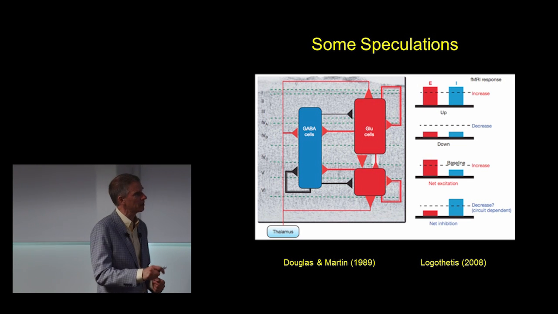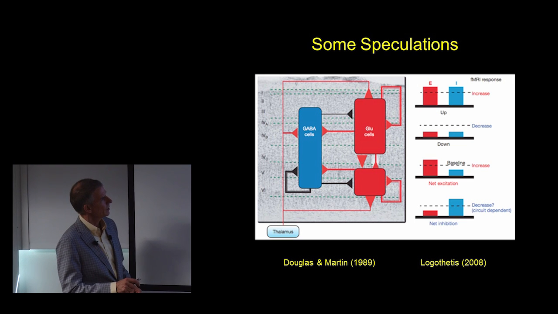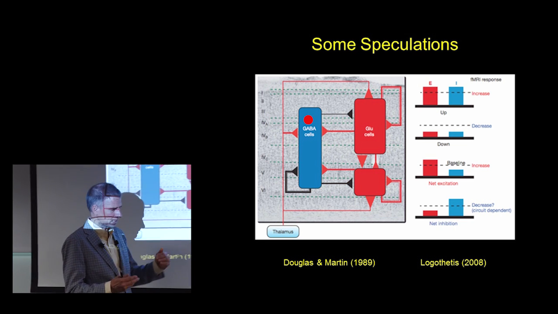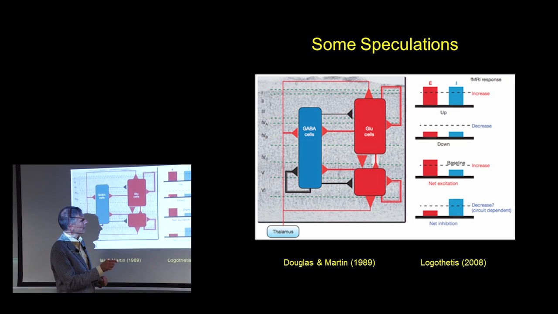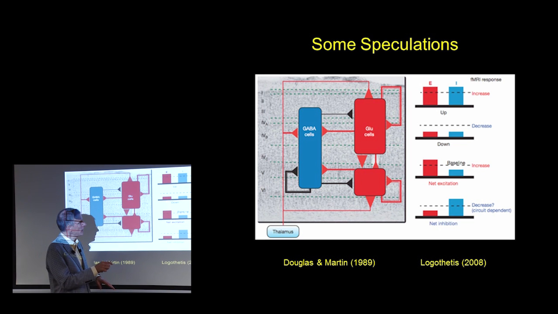This is the canonical microcircuit of Kevin Martin and Rodney Douglas, where you have supragranular and granular cells in layer 4 and layer 2, 3, and layer 5, layer 6, and GABA. The thinking goes that you can have an overall regulation, so you roughly have as much excitation as inhibition, but here you double your excitation, you double inhibition.